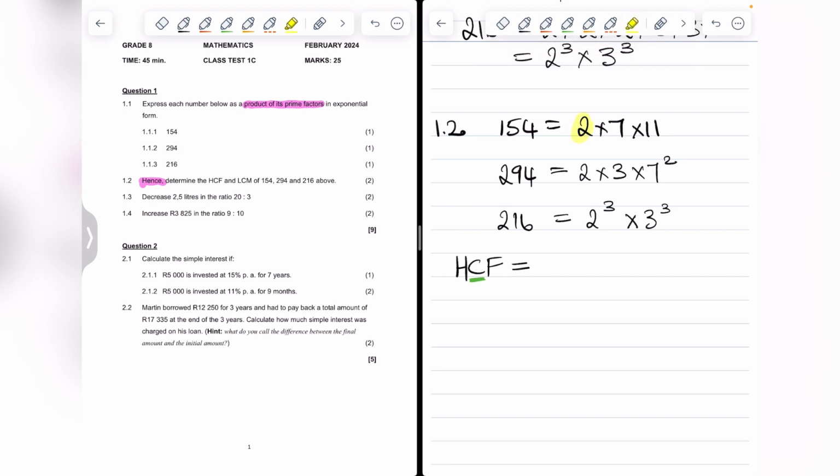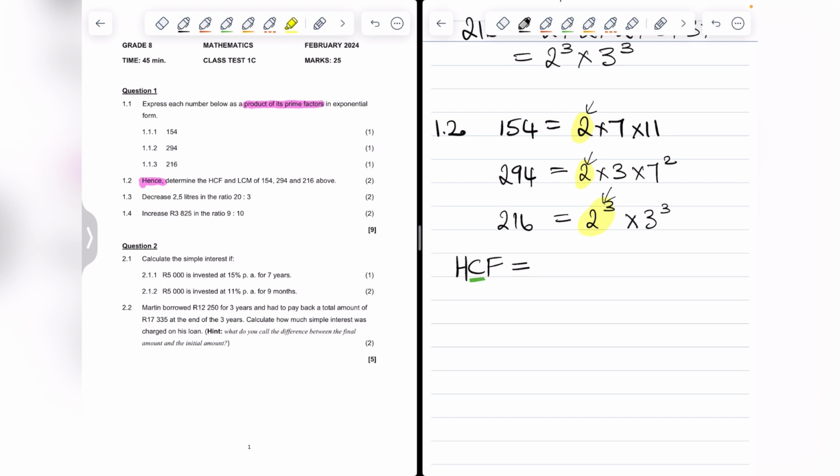Of course, it's 2 that appears in all three of them, right? But of course, there are different amounts of 2's. So for example, in 154, this is just 1 2, which is 2 to the power 1. This is just 1 2, that's 2 to the power 1. This over here means that's 3 2's.